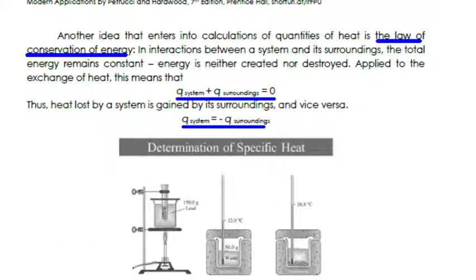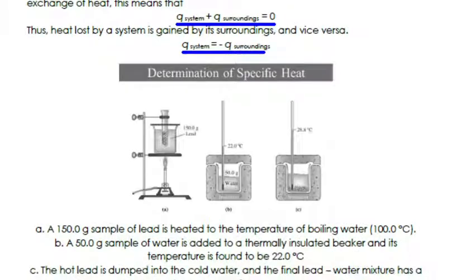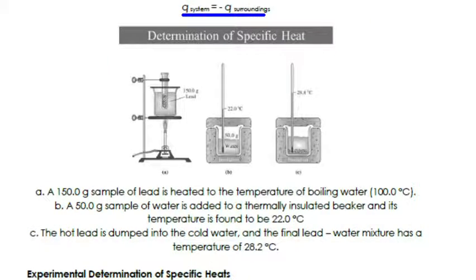And this is an experiment of how a specific heat is being determined. So in these readings, I have highlighted important notes or things that you need to remember. So for the experimental determination of specific heats, consider how the law of conservation is used in the experiment outlined above.